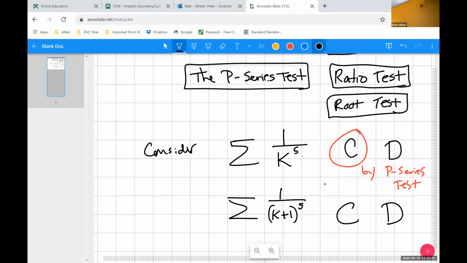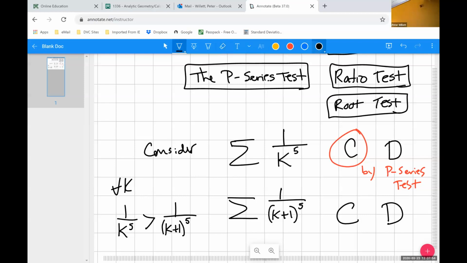What I would basically say is that for all k, 1 over k to the fifth is bigger than 1 over k plus 1 to the fifth. And this is k like integers, positive integers, natural numbers.